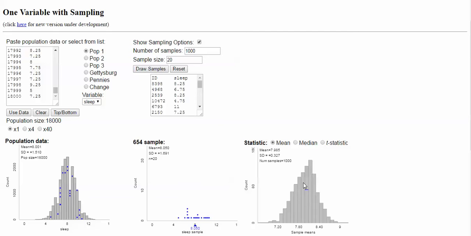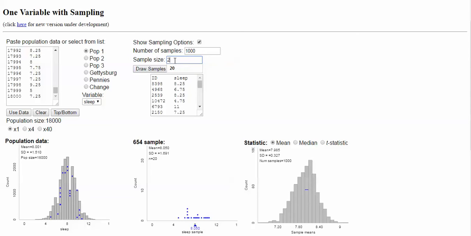And just like when we were dealing with combinations of 10 people, these sample means have a roughly normal distribution, just like the population does. So when the population is normal, the sampling distribution is normal, no matter what sample size you're dealing with.